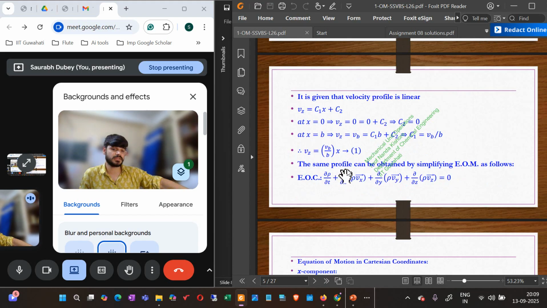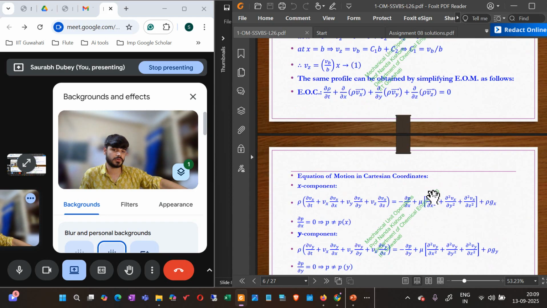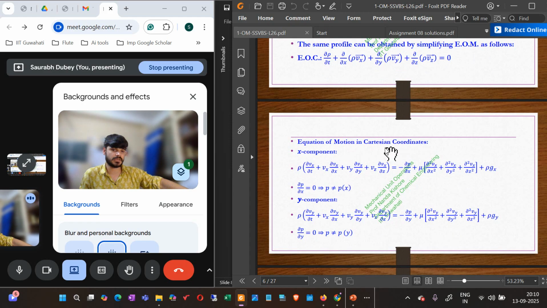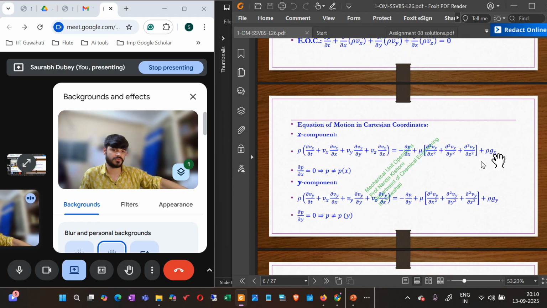This same velocity profile can be obtained by the equation of motion as follows. The equation of motion in Cartesian coordinates is this one, and for steady state, Vx does not exist, Vy does not exist, Vz exists, but its derivative with respect to z is not existing, so it becomes 0. Del p by del x we don't know about.